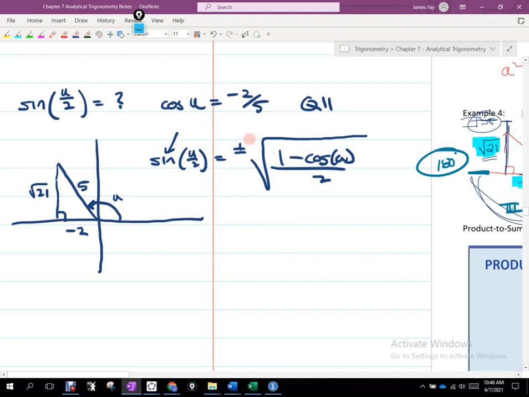Okay. So all we have to do then is plug that information in. If I'm looking at sine of u over 2, u over 2 is going to stop in what quadrant? Or what quadrants are possibilities?